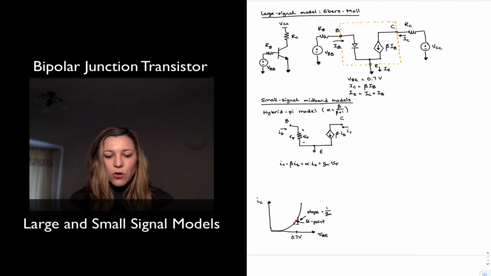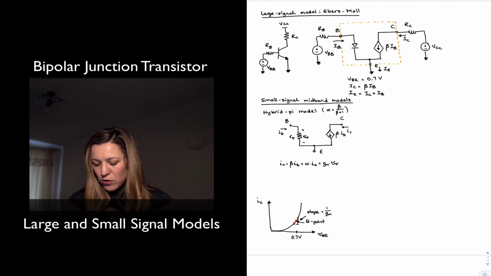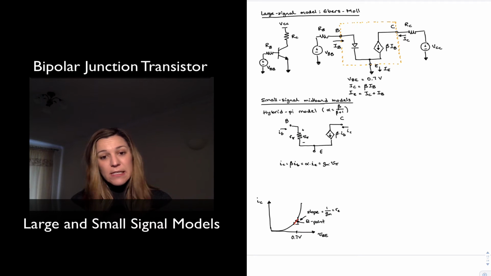We can also call the slope of that curve little r, for the resistance that's connected to the emitter. You may already have dealt with little r in electronics 1, a few videos ago. That's just the resistance that we approximate as being connected to the emitter terminal. But you may say, so why have we called that resistance r pi? That's a good question. Why didn't we call it little r?